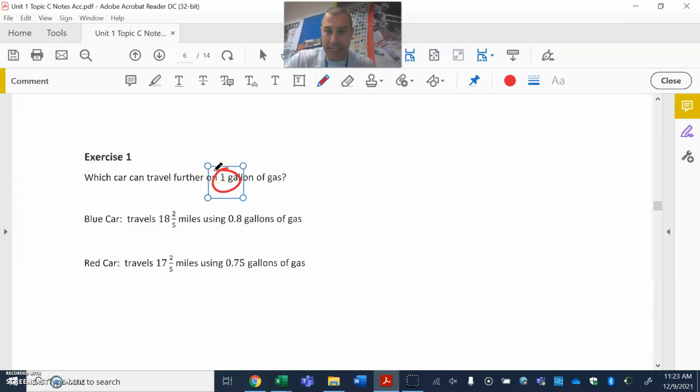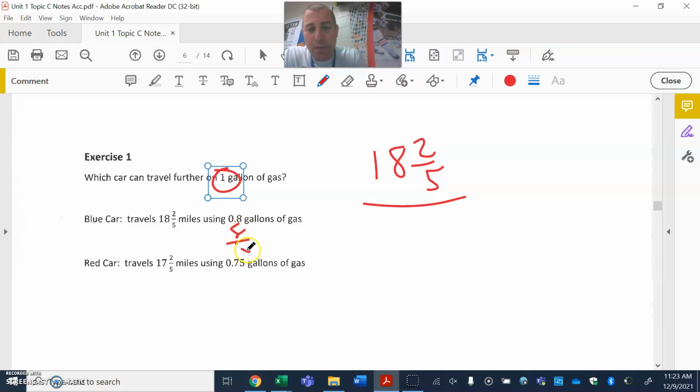So I've got my 18 2/5, and I'm dividing it by my 8/10. 8/10 does simplify down to that 4/5. Even though we've only got less than a gallon of gas, if we find out how far we could go on 1 gallon, it's going to take care of things.